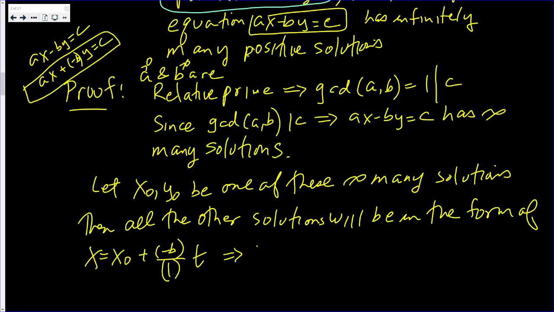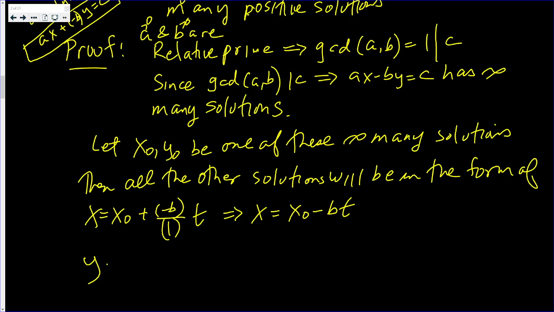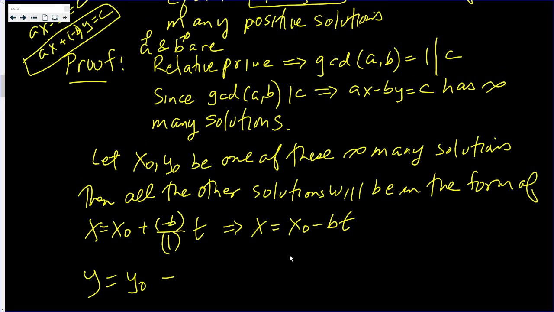That is, x is equal to x0 minus bt, and y is equal to y0 minus a over the GCD times t. That implies that y is equal to y0 minus at.